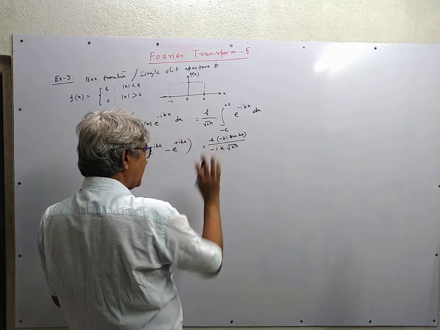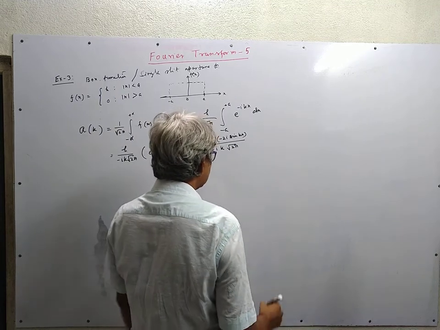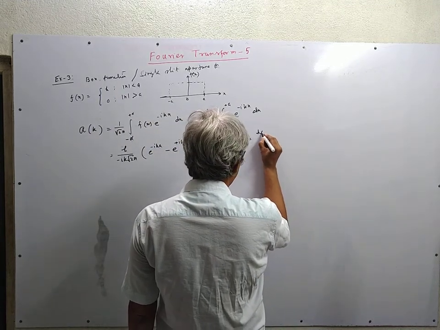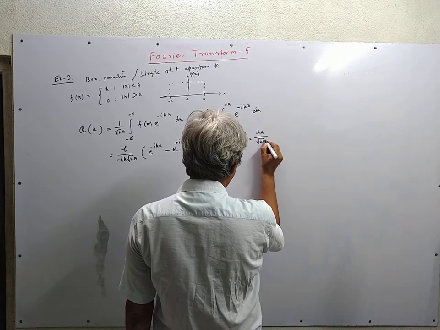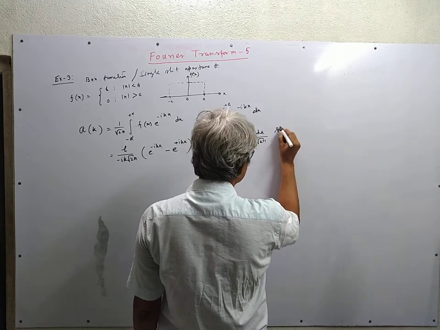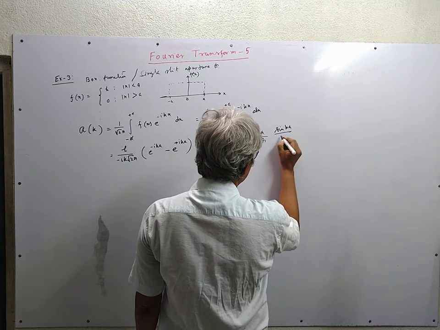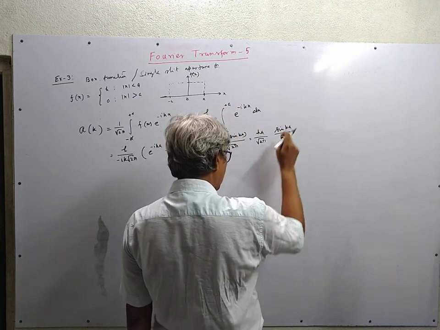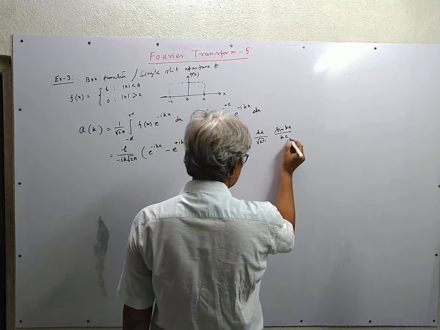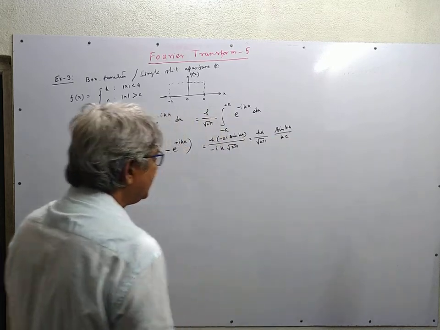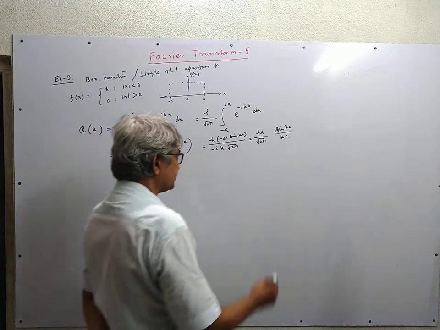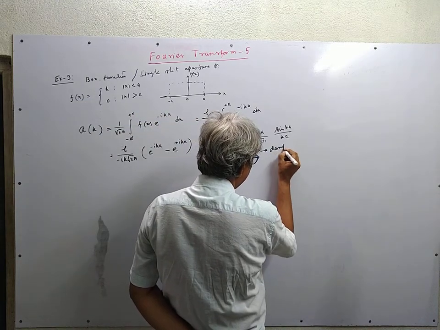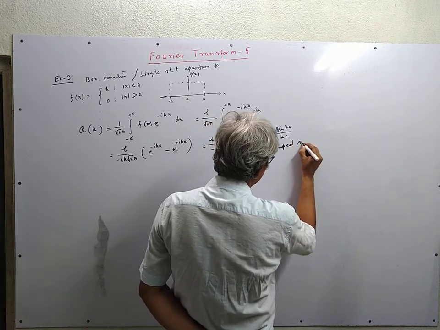Minus minus goes, i goes, so the result is h a by root 2 pi times sine ka by ka. This a comes from writing sine ka by k as a sine ka by ka, and it's a damped sinusoidal function. So see that it is a damped sinusoid.